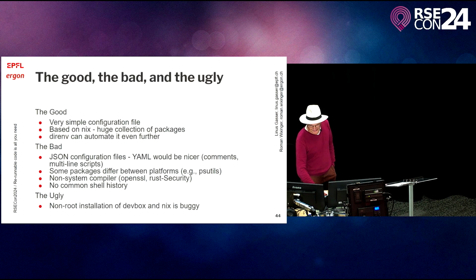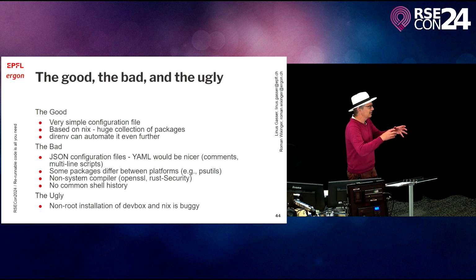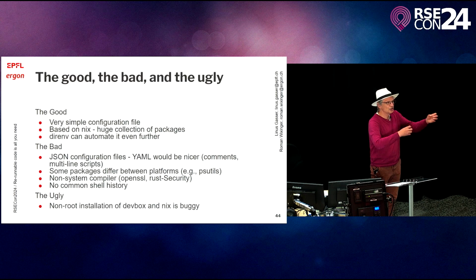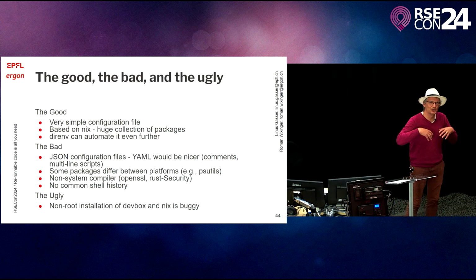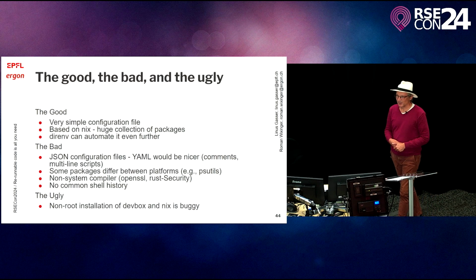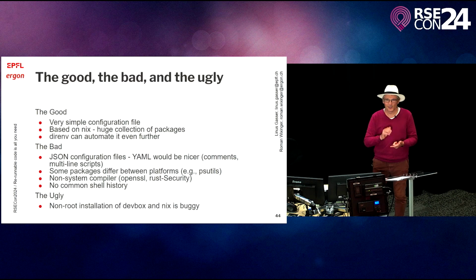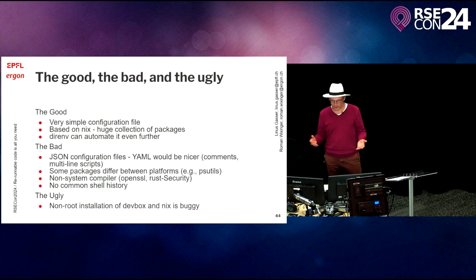Honestly, I don't know why they chose JSON. I don't like JSON. JSON is good for exchanging between programs. But if a human has to write the configuration files, I prefer YAML. I mean, you can have comments, you can have multi-line scripts and all that. It's much nicer in YAML. And I don't know why they chose JSON.